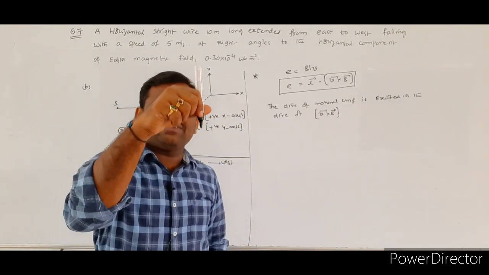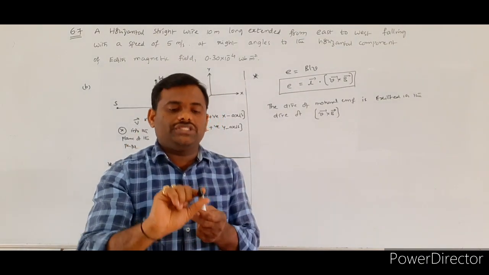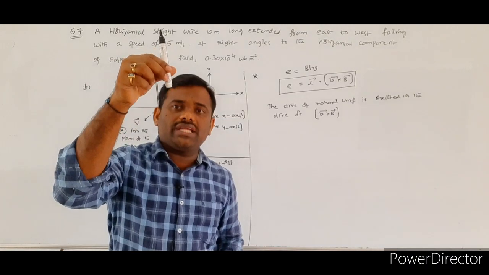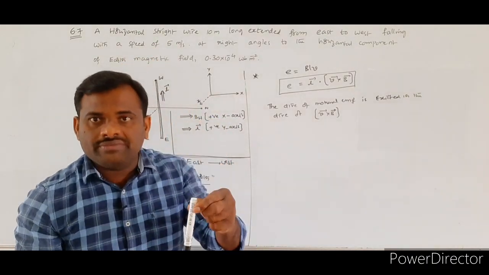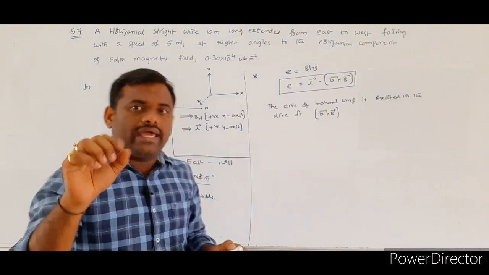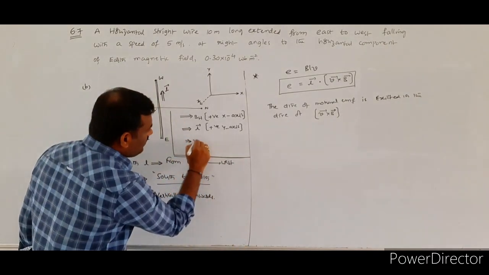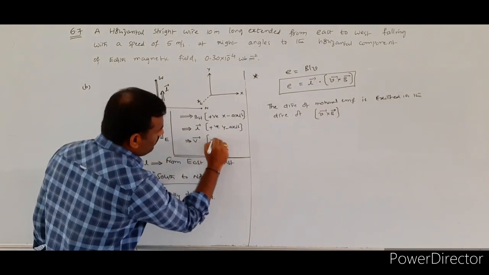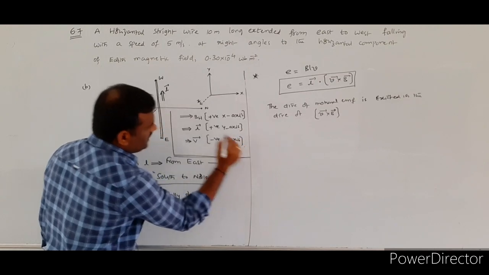The direction of the velocity of the conductor will be in which direction? Vertically downward direction. If you take the vertically upward direction as the positive z-axis, then the vertically downward direction is the negative z-axis. So the direction of V bar will be acting along the negative z-axis.